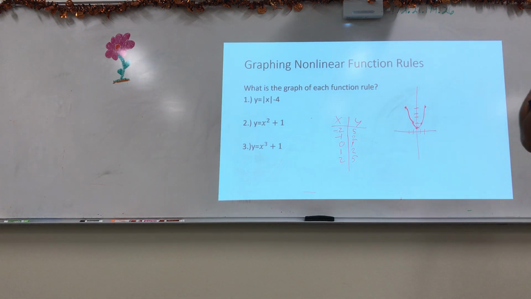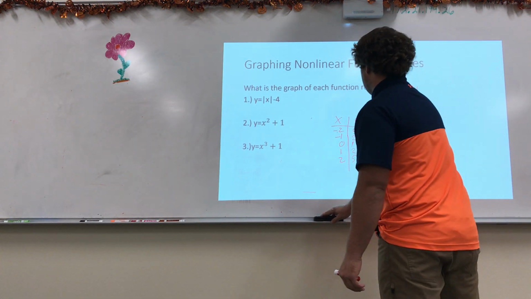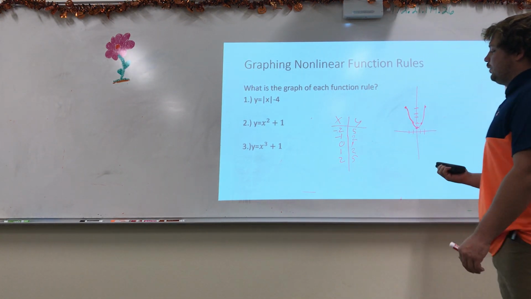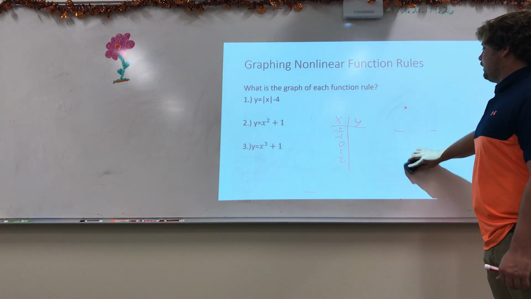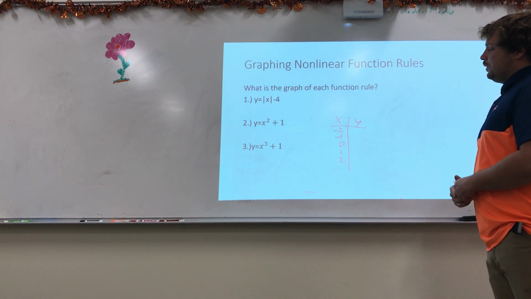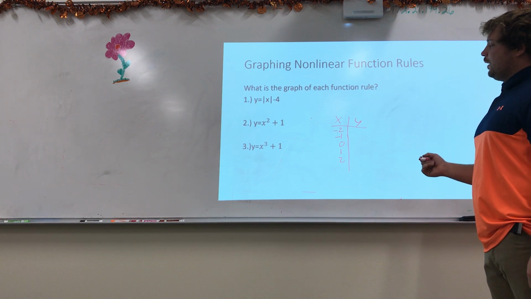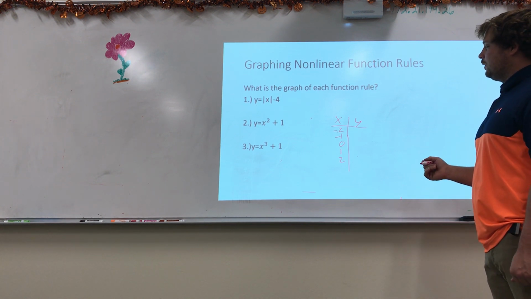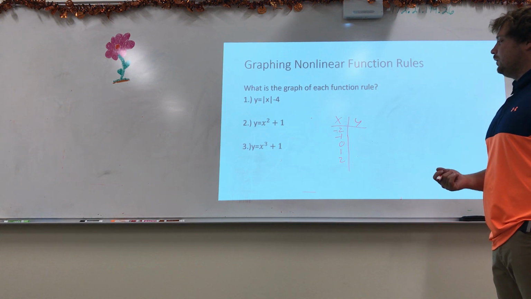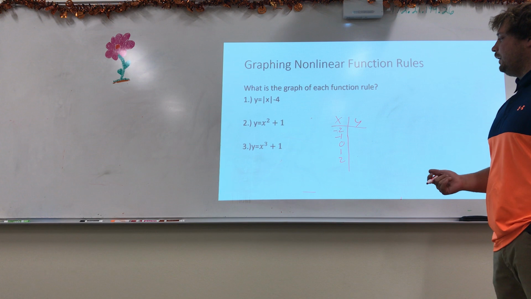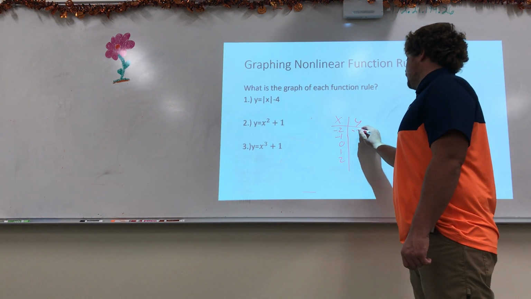Okay? Now to the third. So if you need to, pause, you can do this. Alright, to the third here. So, I plug in -2. -2 times -2 times -2 is going to give me -8 plus 1, -7.